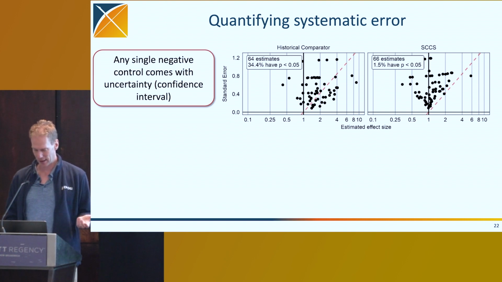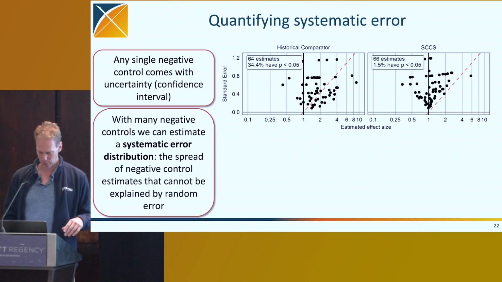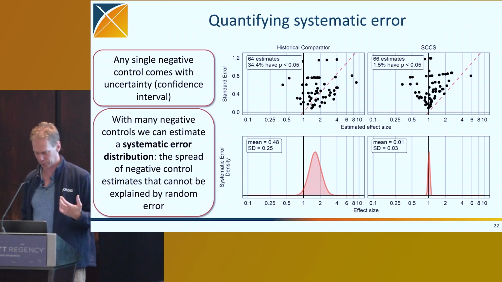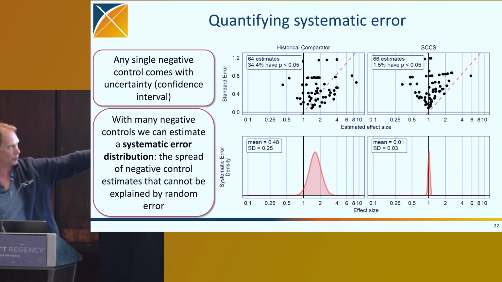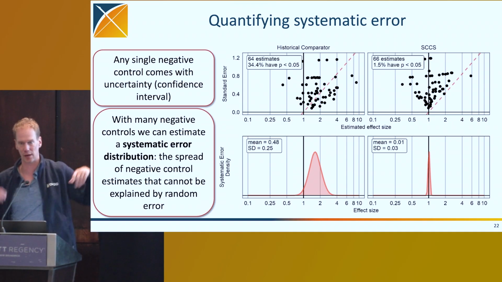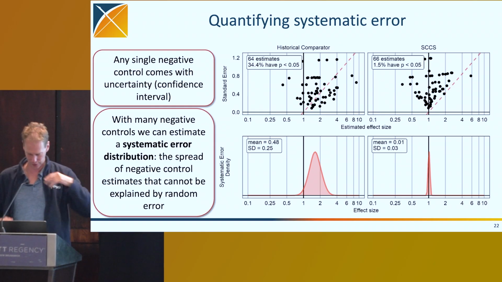We can actually quantify that. The problem is any one of these negative controls themselves has some uncertainty as expressed in a confidence interval, but we can combine them together and fit what we call a systematic error distribution. So that's shown on the bottom, a distribution that's basically fitted based on the dots above, taking into account their uncertainty.